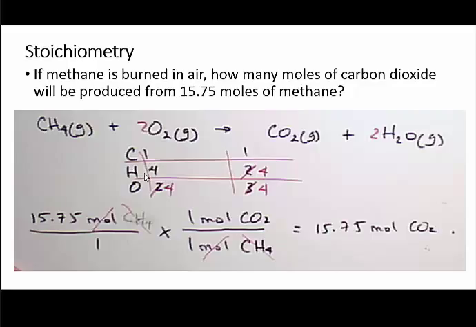You cannot go from one chemical species to another using any other measurement unit except moles. You cannot convert from one chemical species to another without going through moles. And the molar ratio won't work without a balanced chemical equation. That's what stoichiometry is about. Okay, now it does get more complex, but that's where we're going to start.